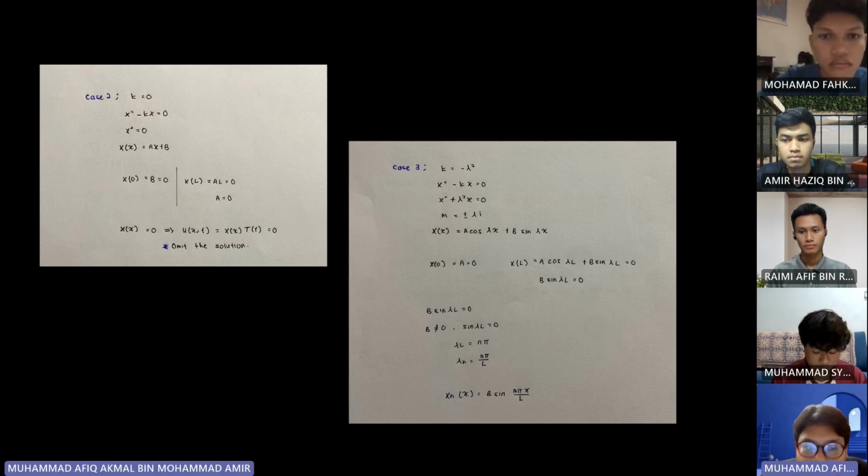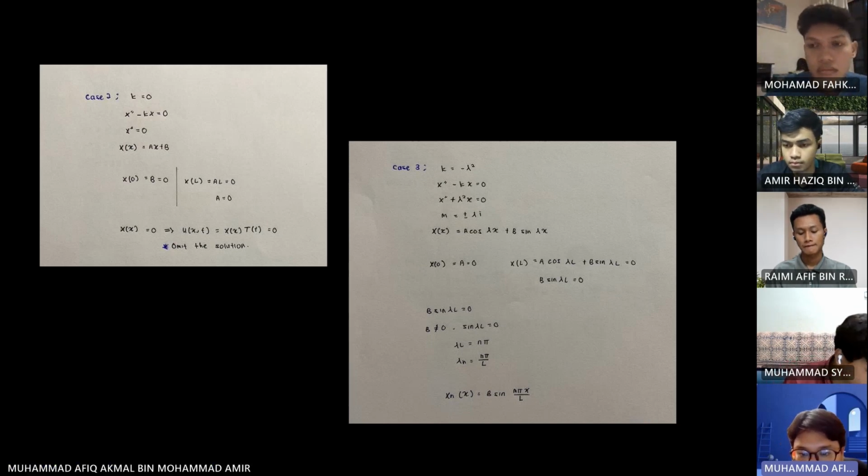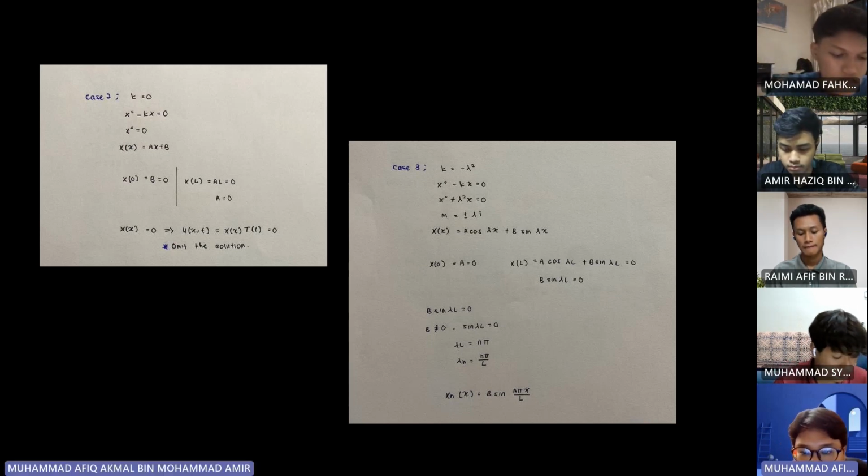For case 3, the k we change into negative lambda squared. Then we use the complex conjugate, then we get the imaginary lambda. Then we put the imaginary lambda into the equation A cos lambda x plus B sin lambda x.